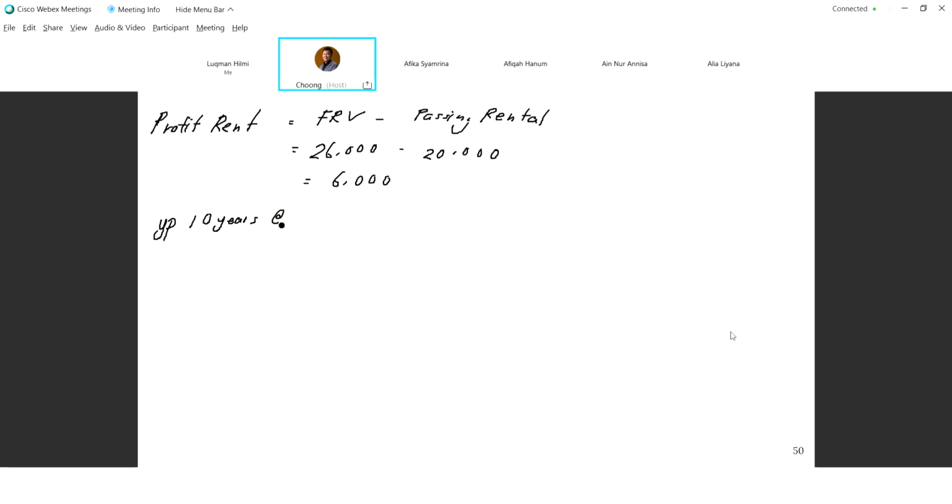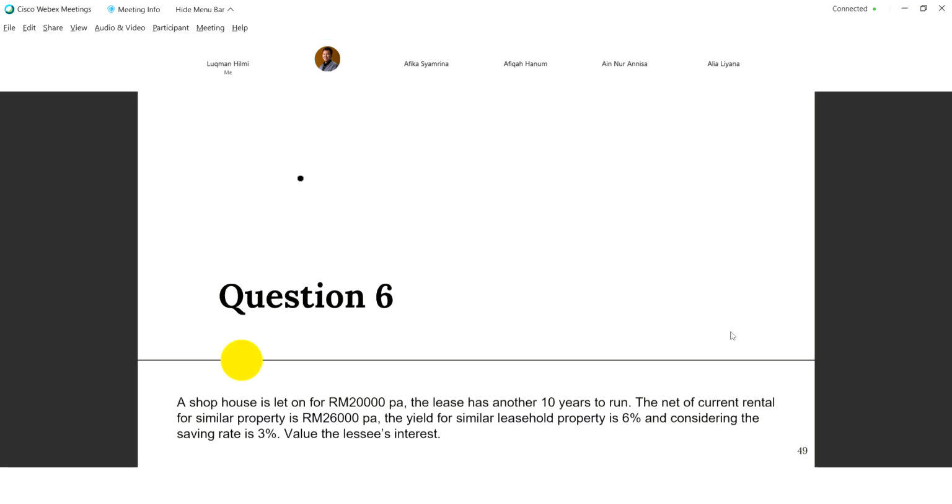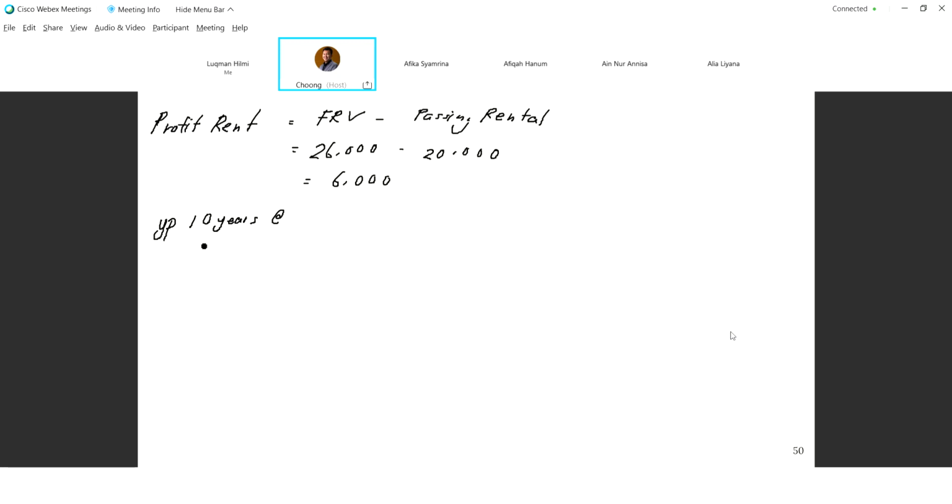Then what else you have is that your i is 6%, and then your ASF, the sinking fund saving rate, is 3%. You apply accordingly. So you apply the year's purchase dual rate formula.